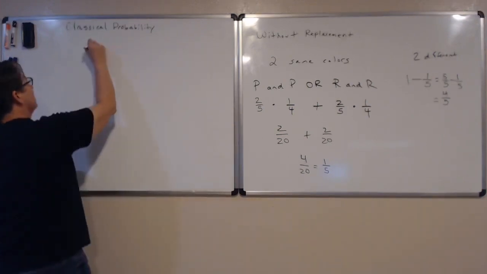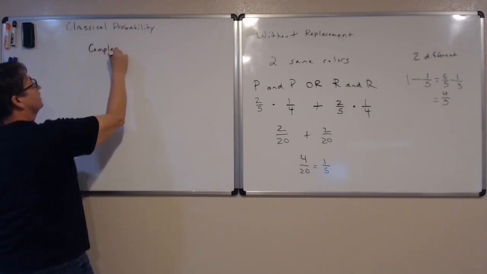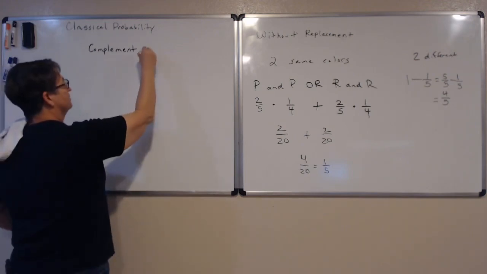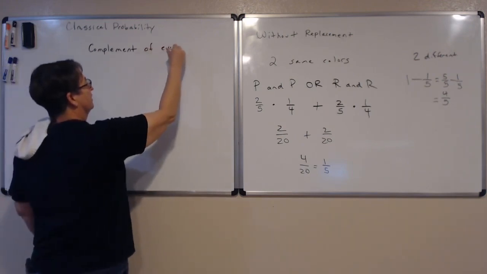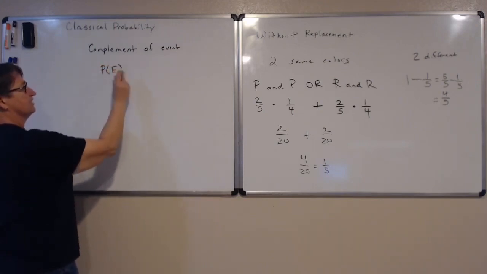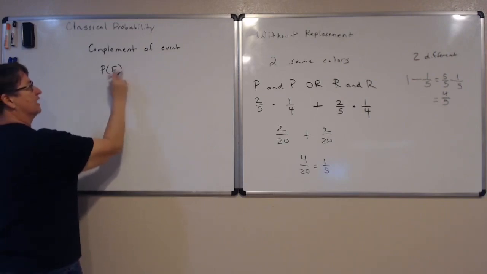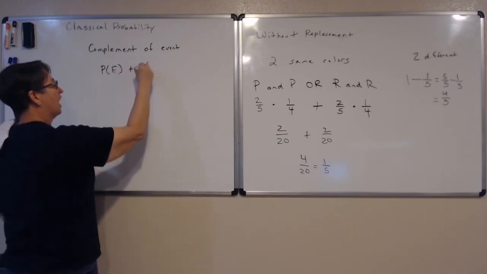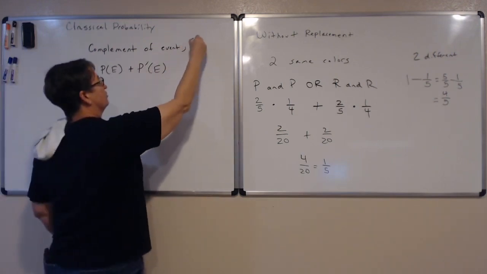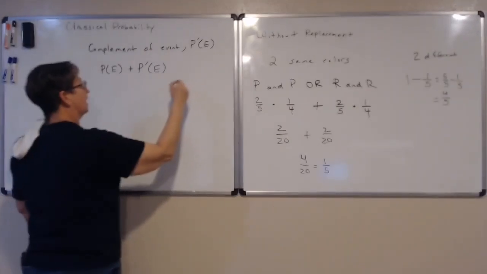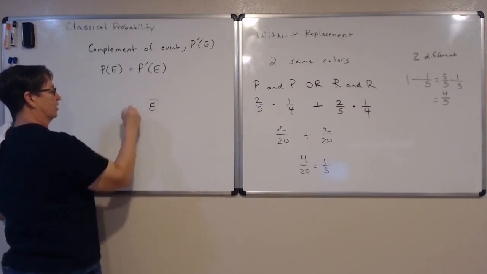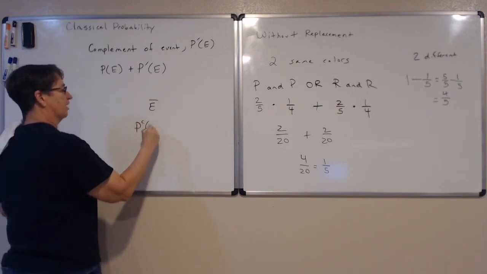Remember that the complement of an event, so if I have some event E and I know the probability of that event E, that probability plus its complement, we denote it like this, or sometimes with a bar over the E, or some people will put a superscript C up there.